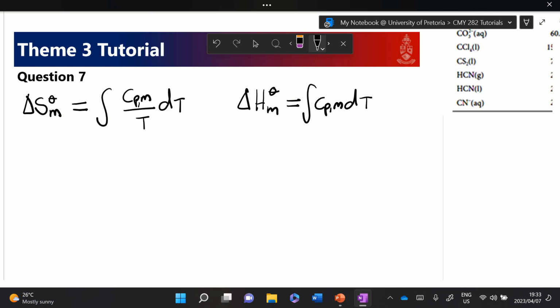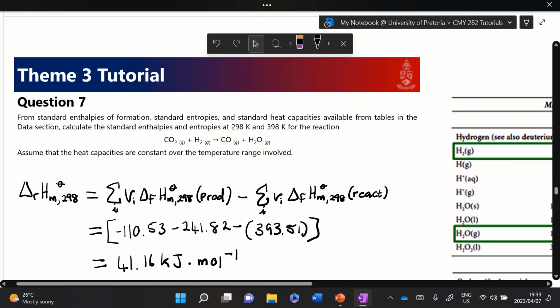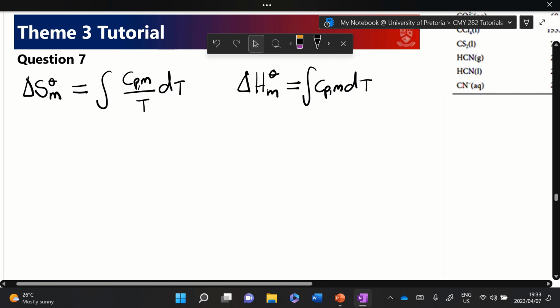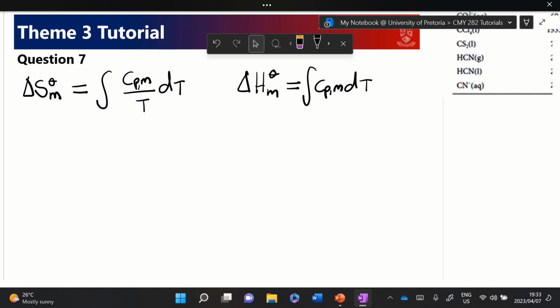So when we're heating and we want to calculate the change, we can use integrals. But luckily, we were told at the beginning to assume the heat capacities are constant over the temperature range. So in other words, we can take these heat capacities outside the integrals.